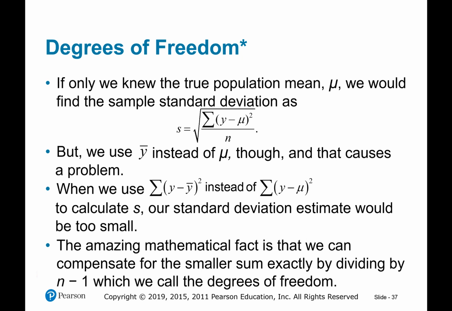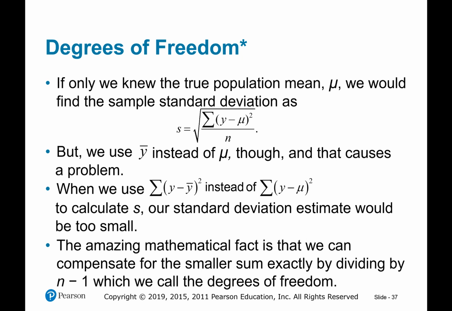Degrees of freedom is really a more complicated thing than I've been explaining so far. For the standard deviation, you take the actual minus the predicted value, sorry, the mean. You square that, add all those together, and divide by the sample size, and that gives you the variance.